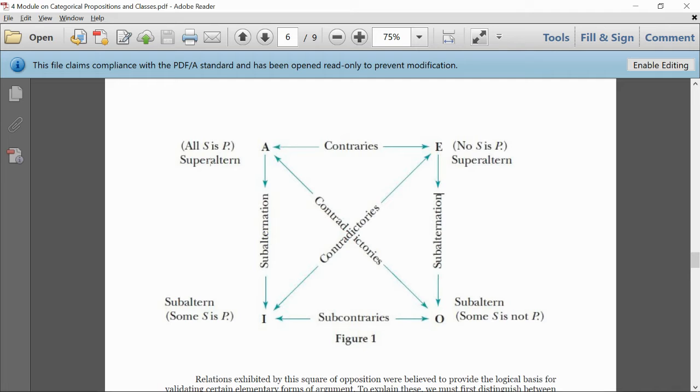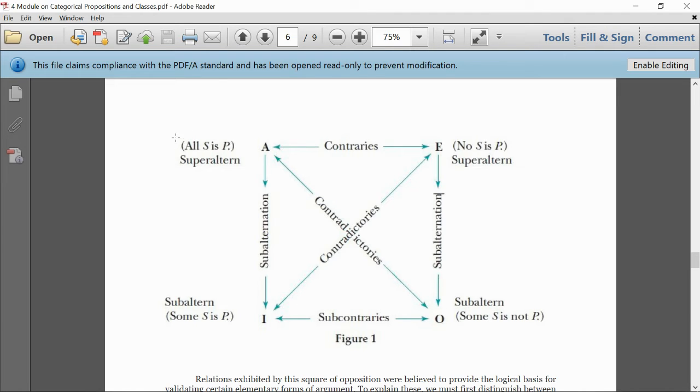When you have that claim and it is true, then the contradictory, some politicians are not liars, would not make sense. Or when you say some politicians are liars and that is true, then its contradictory, all politicians are liars, would indicate that it's false.